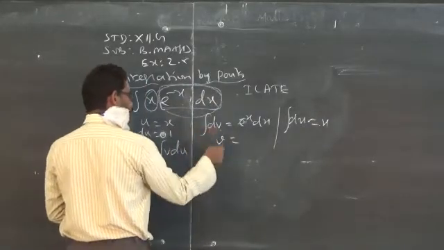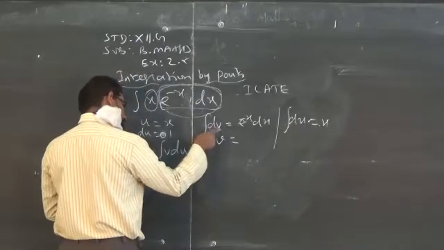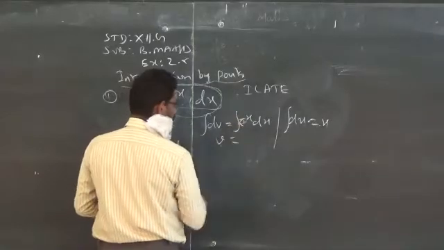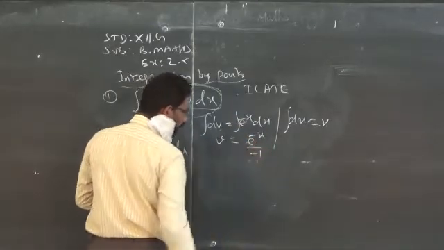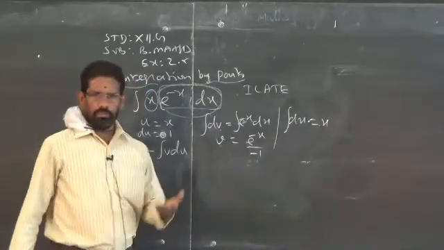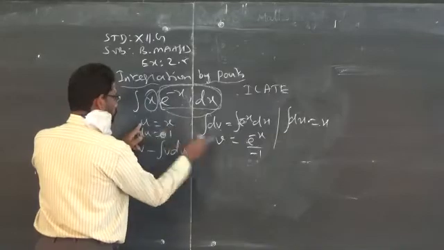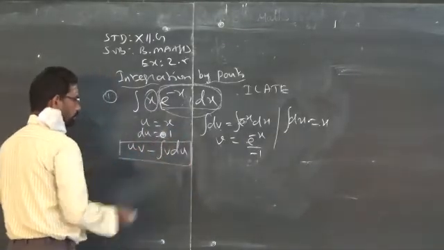If you integrate dy, y will come; integration of dz is z. So, integration of dv is v. Then integration of e power minus x dx is e power minus x by minus 1. This is the formula you know already from the previous exercise. Now I know u, v and du. Just apply them in this formula and you will get the answer.